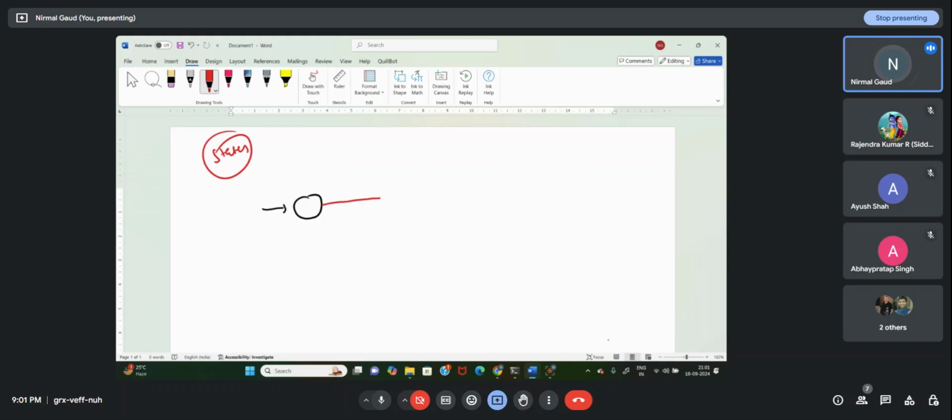Then your process can come into running state. Okay, process start हुआ, ये run हो रहा है, and then it can terminate. This is the ending state.